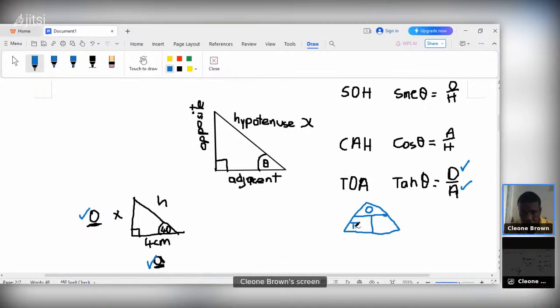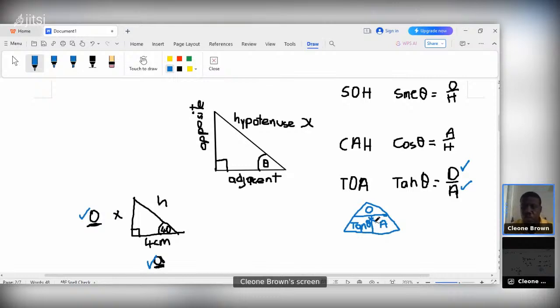Tan of the angle goes on the left side, and the adjacent side goes on the right-hand side. This is just a tool that can help you to figure out how to transpose any equation that has three parts.